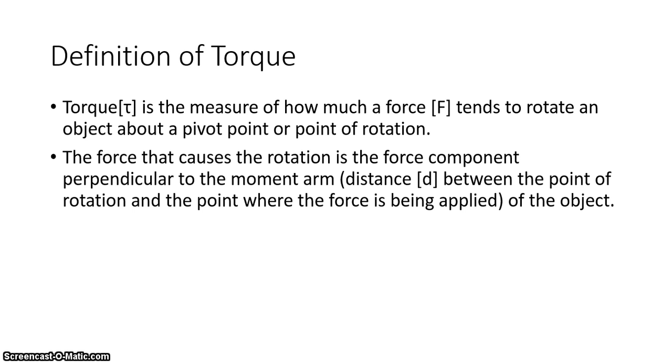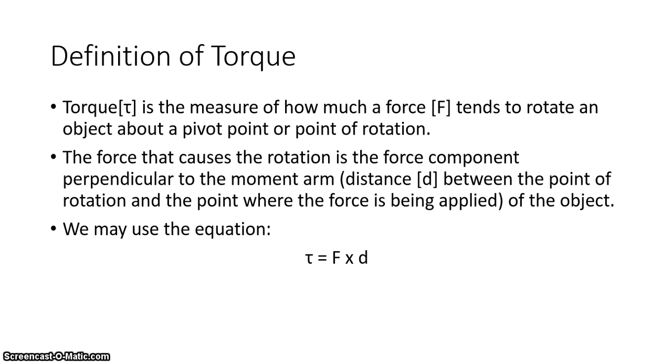That force that causes the rotation is the force component perpendicular to the moment arm of that object. And what exactly is a moment arm? Well, the moment arm is that distance between that point of rotation and the point where the force is being applied. Okay?